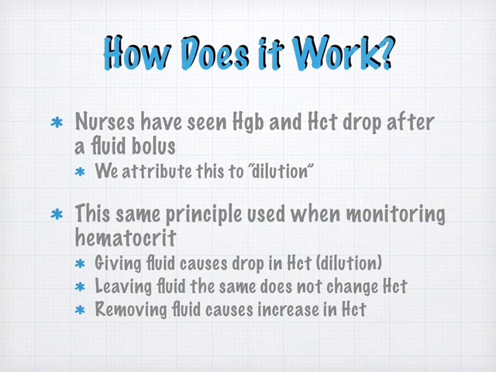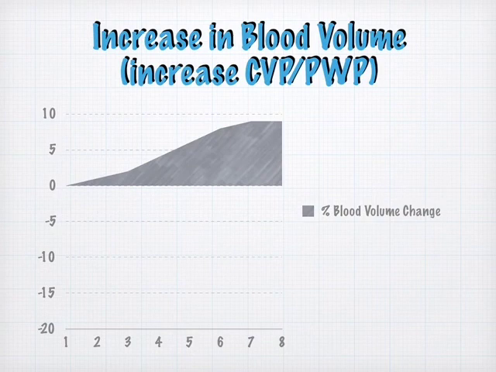So here's my kind of a poor graphic of continuous hematocrit monitoring. The 0 in the middle means there's 0% blood volume change. The positive 5 and the positive 10 going up are saying there's a 5% and a 10% blood volume change. And then the negative 5, 10, 15, and 20 are negative volume changes.